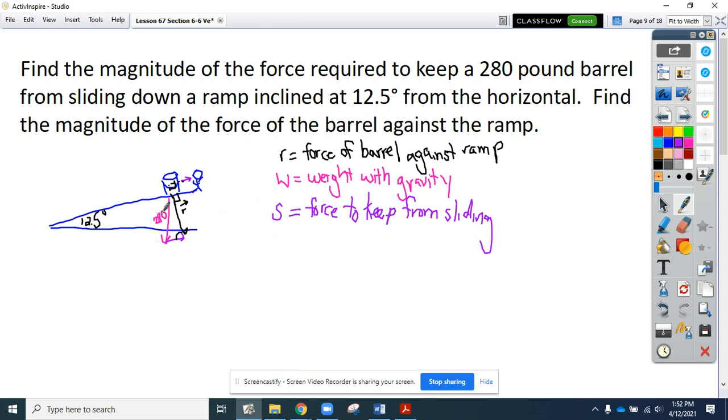We also can say that this is a right angle, because our force, that is our weight with gravity, was straight down, and this was a horizontal, so we know that that is a 90-degree angle, okay? So if those are 90-degree angles, we know the relationship here. These two angles have to be equal, which means that 12.5 is also that angle.